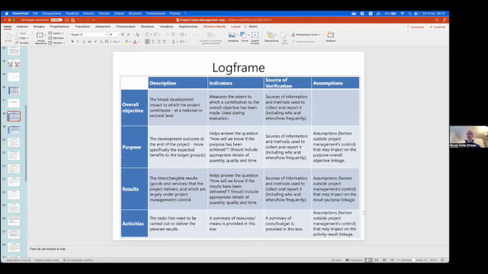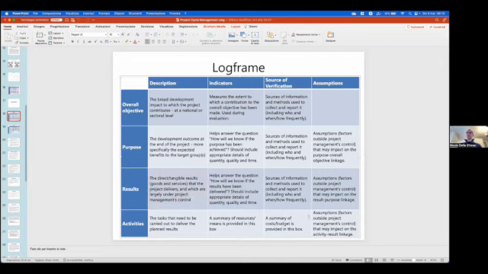So at the activity level, the assumptions are those conditions that, together with the activities that have been realized, will allow to obtain the results that are stated in the results section here.